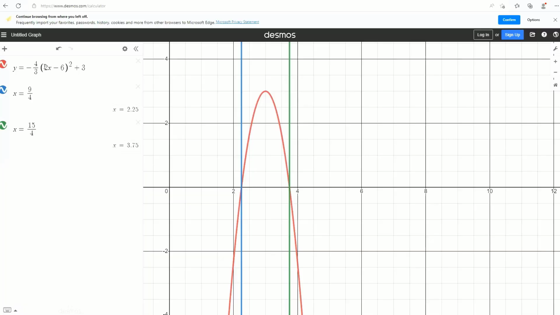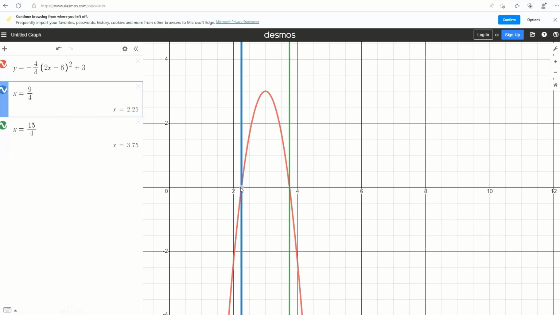So recall the original statement was involving the quadratic. y equals negative 4/3 (2x minus 6) squared plus 3. And we solved the critical points, x equals 9 over 4 and 15 over 4. The question was, when is this quadratic less than 0?